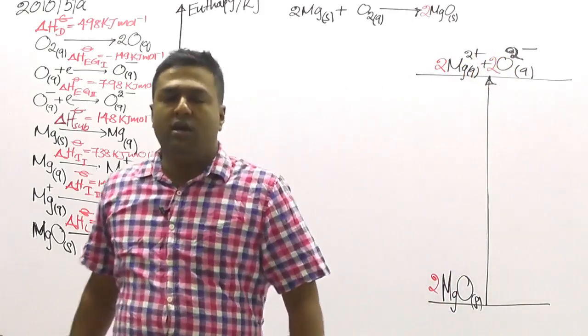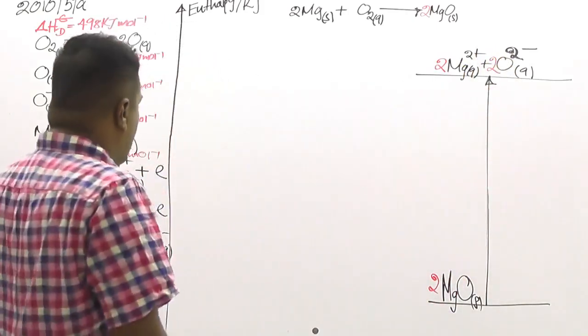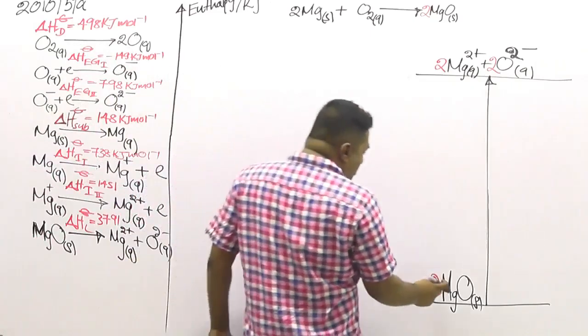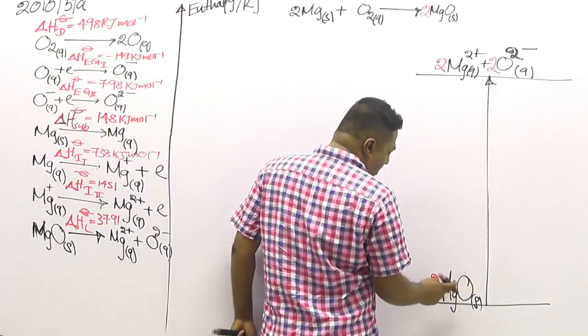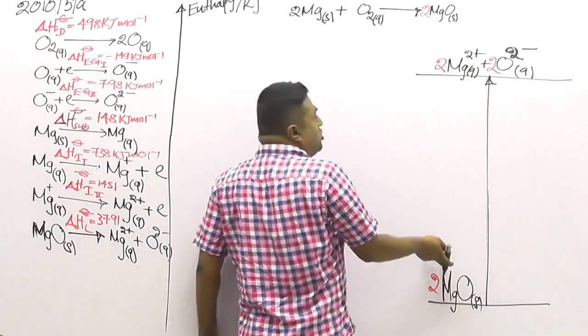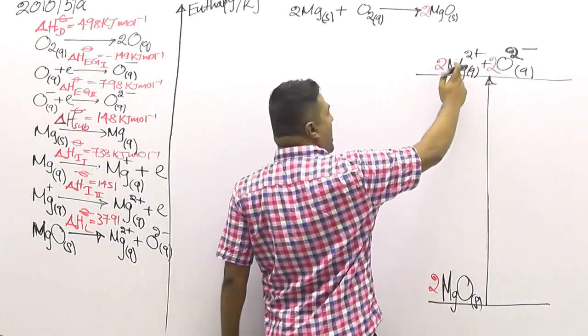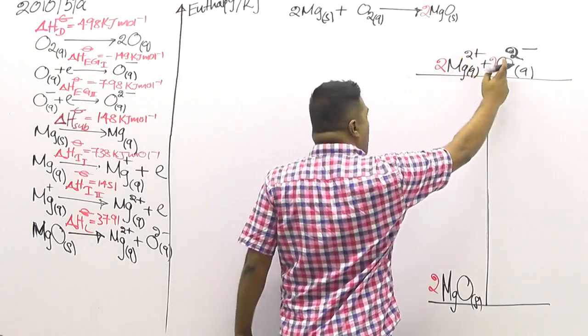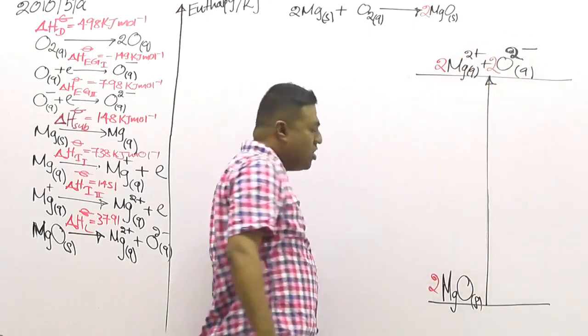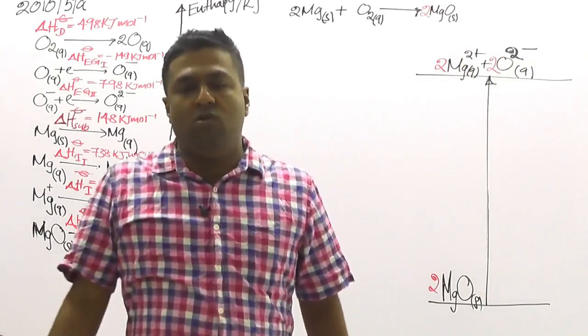Because to produce 1 mole of MgO, you need 1 mole of Mg2+ and 1 mole of O2-.